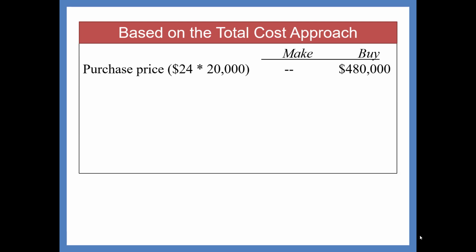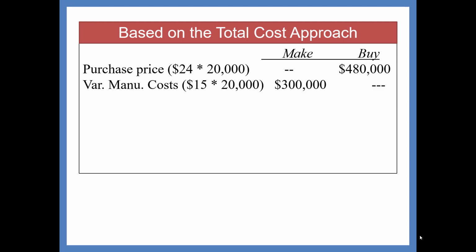Now, if we look at this on the total cost approach, I'm going to just itemize each of the factors that would be considered, starting with the purchase price. If we buy the part, it will cost us $24 for each of the 20,000 parts, or $480,000 in the buy column. We will not incur this cost if we make the part.